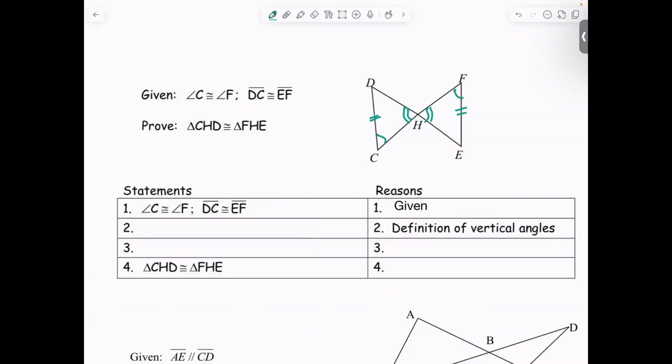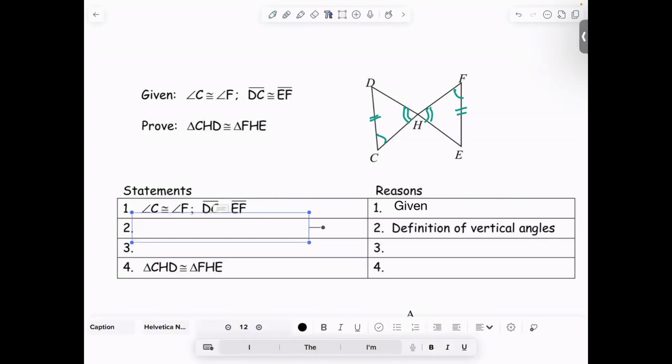And then of course angles C and F, those just have a single mark because those are matching and congruent. Okay, so if we go back here to number 2, I'm going to say that we'll just say angle CHD and FHE because that matches what the proven statement is. And there, I could call it angle FHE or angle EHF. It doesn't matter, but they are vertical angles.